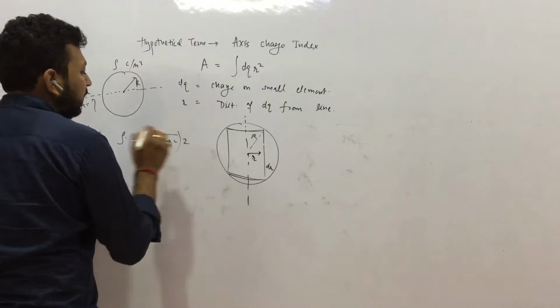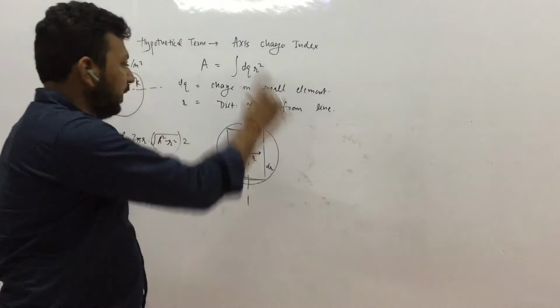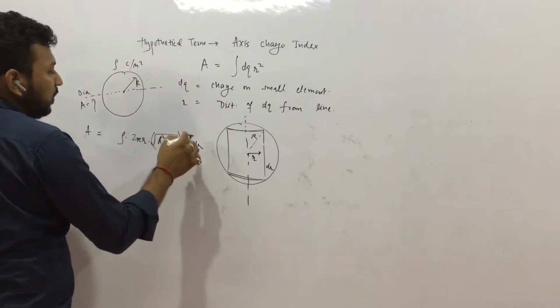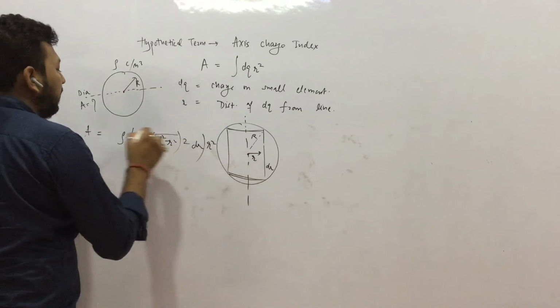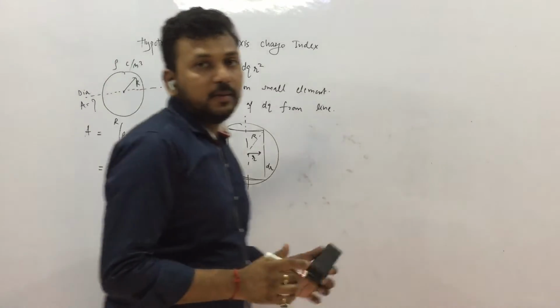So dq is rho into 2 pi r into length into dr, and this is the charge, into r square, integration, r varies from 0 to capital R. I hope this is clear.